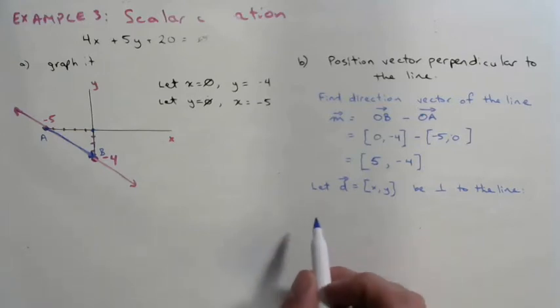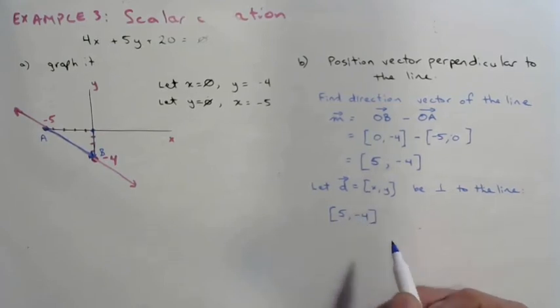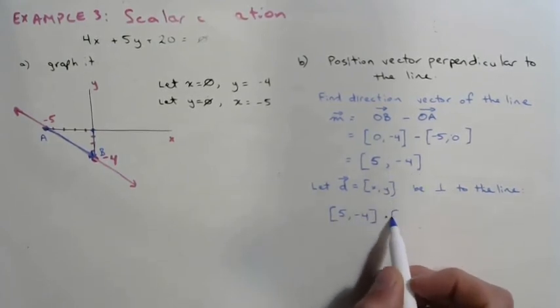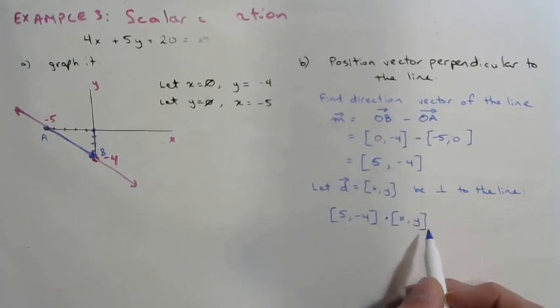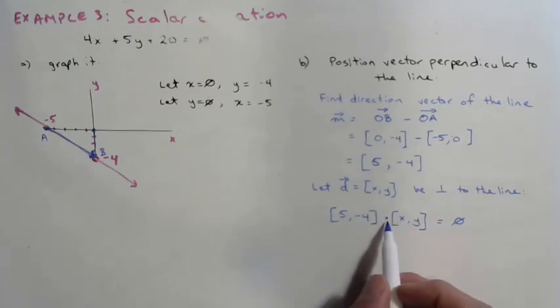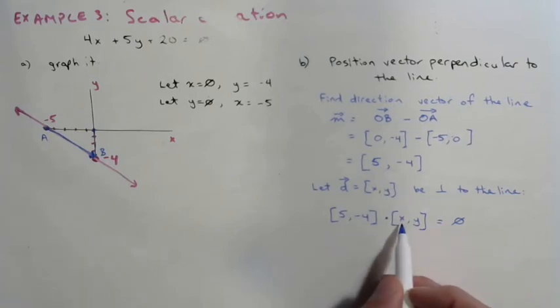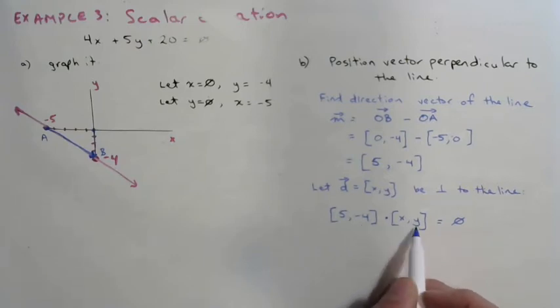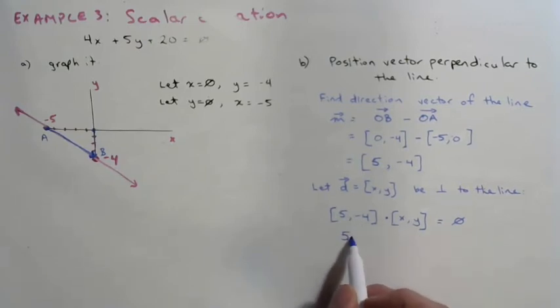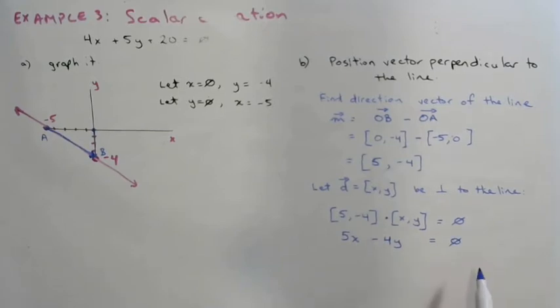So we take the direction vector of our original line and take the dot product with our new vector, and we should get 0. The dot product is a multiplication: our x component times our x component plus our y component times our y component. So we have 5x plus negative 4y. I'm just going to write 5x minus 4y equals 0.